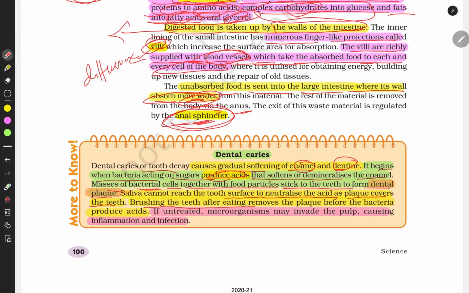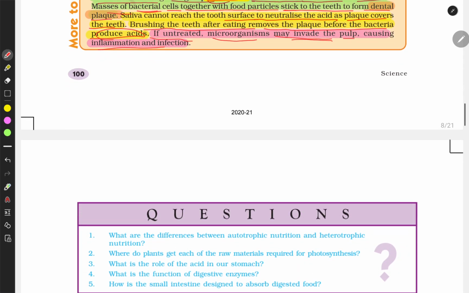Brushing the teeth after eating removes the plaque before the bacteria produce the acid, and if untreated, microorganisms may invade the pulp, causing inflammation and infection.